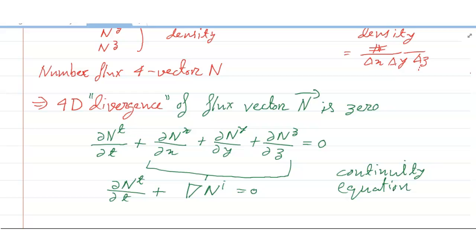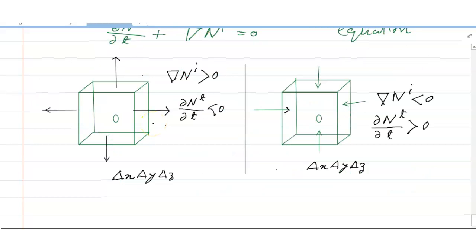Basically, if particles are leaving a spatial xyz box with positive divergence, the density of particles in the box must decrease over time, and if particles are entering an xyz box with negative divergence, the particle density must increase over time. So friends, I have shown this diagram.